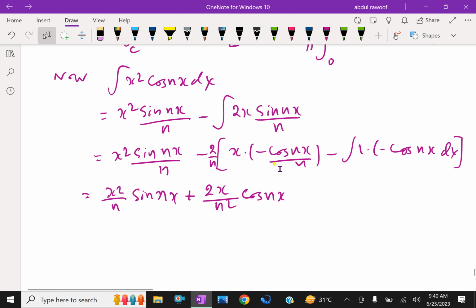Now minus 2 over n, minus is plus 2 over n, here first function, integral of second minus integral of differential of first, integral of second.